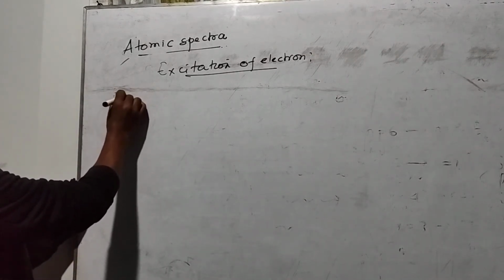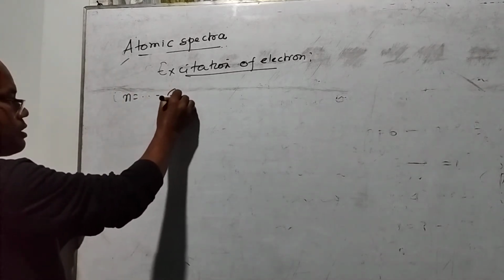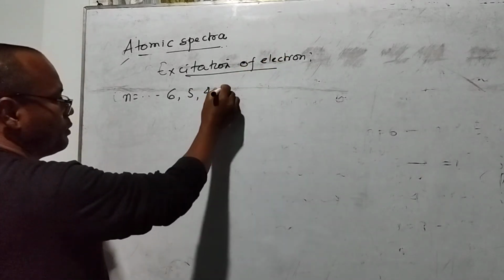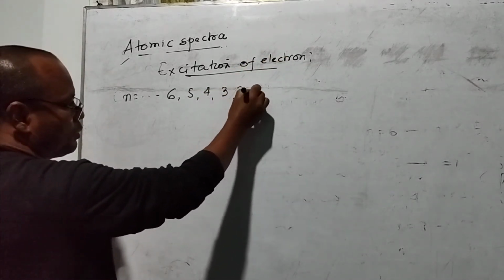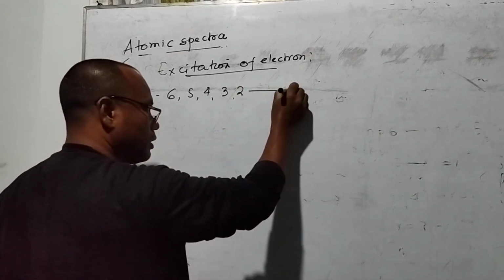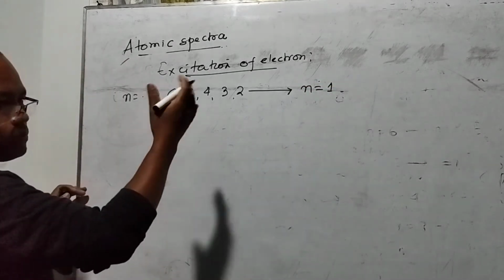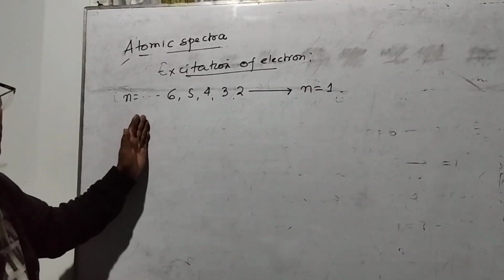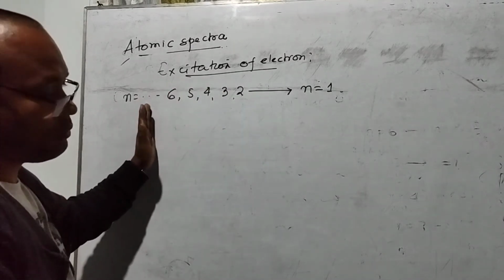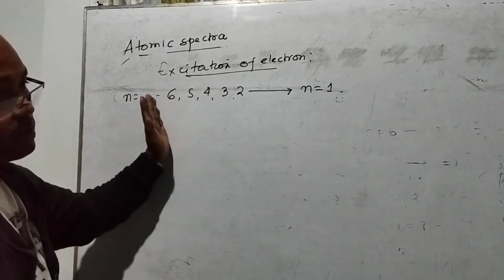Let me start from the higher: 6, 5, 4 as we wrote before, 3, now 2. From those higher energy levels, the electrons jump to the lower energy level, that is n is equal to 1. As we mentioned, a series of different forms of radiation are emitted in the form of a series of radiation, right? That is what we call a spectra.